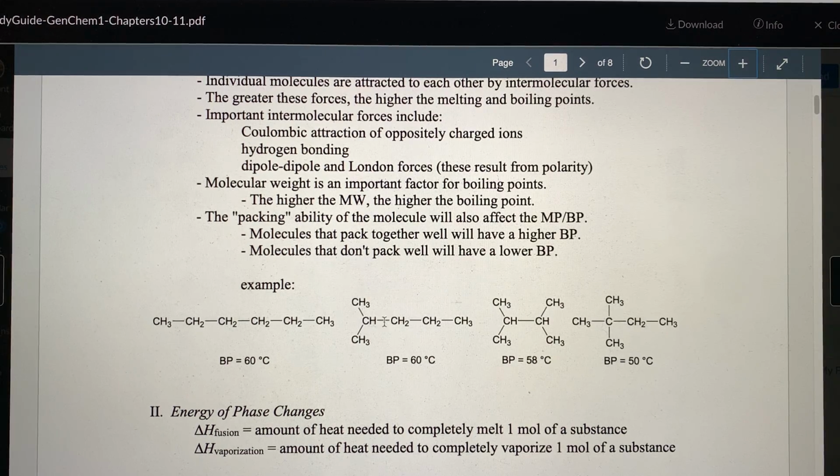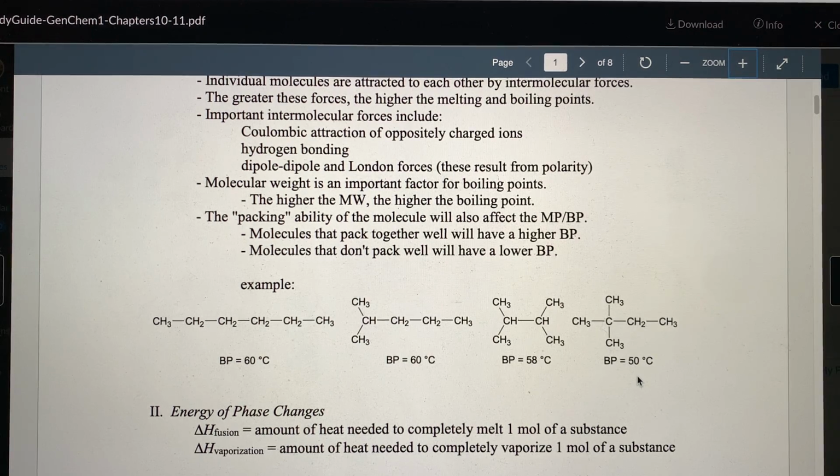But the effectiveness is not the same. The bulky ones with lots of branches don't pack really well and don't interact really well. So even though it's the same kind of force as the first one, it's not that effective, the net force is not that great, so the boiling point is lower.